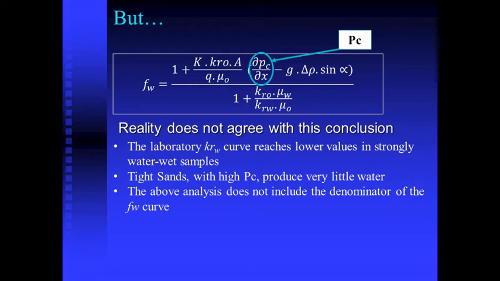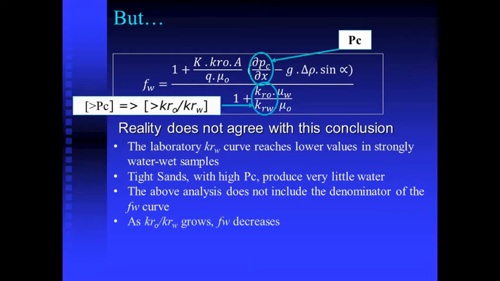This inconsistency between prediction and actual behavior arises when analyzing the impact of the capillary pressure gradient on the equation numerator, without taking into account its impact on the denominator. When paying attention to the denominator, we realize that the rel-perm ratio appears there.